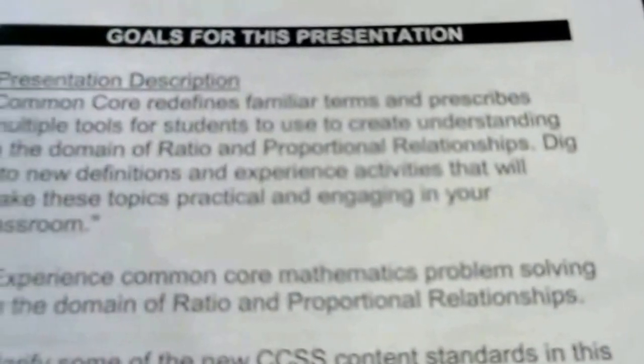Interpreting the standards is a little bit tricky, and we'll talk about some of the definition changes and some of the new expectations and some of this information that comes from the progressions documents.